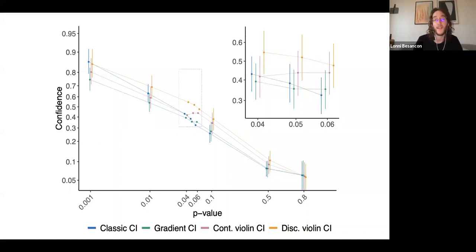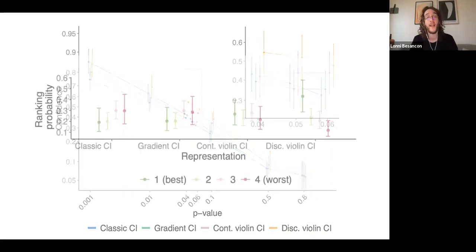But it seems that classic CIs don't help much again, but maybe the violin CIs do. It's a little bit hard to conclude on these because of the small sample size and because of how tight everything is. But it could be that violin CIs actually are kind of good. Maybe gradient CIs are actually good as well, but classical CIs we don't seem to do that well.